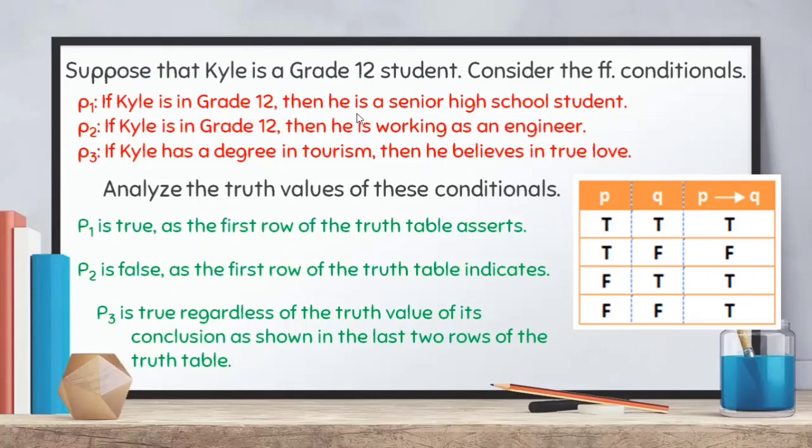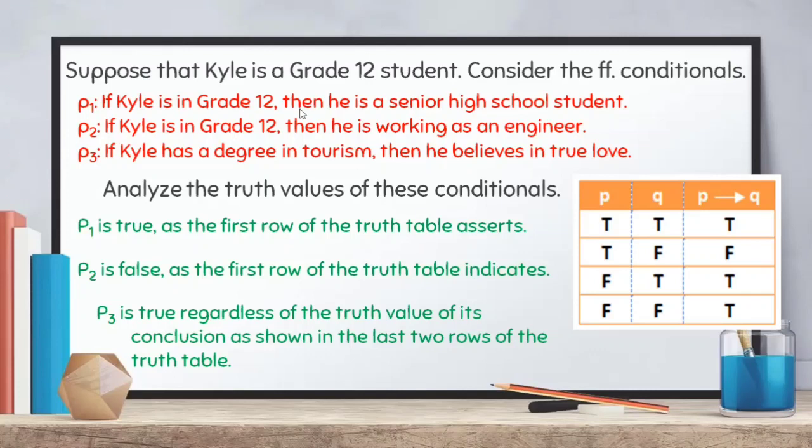Then the second statement says he is a senior high school student. And that is also true, right? Because if you are a senior high school student, you are in grade 12. Okay? So both are true. Then it follows that our if P, then Q is also true, as what we have here in our P sub 1 in our solution. So it is true because the first row of the truth table asserts, right?